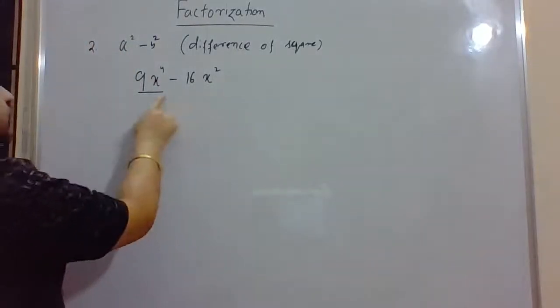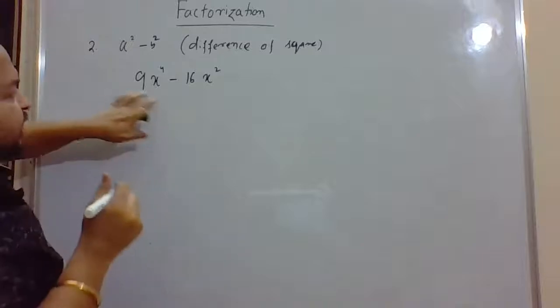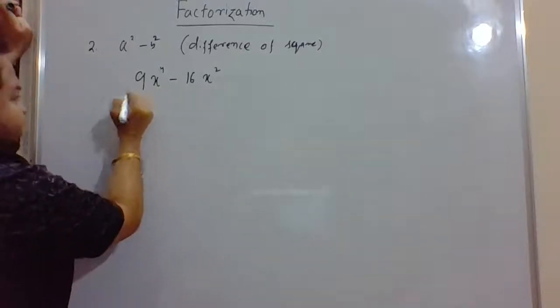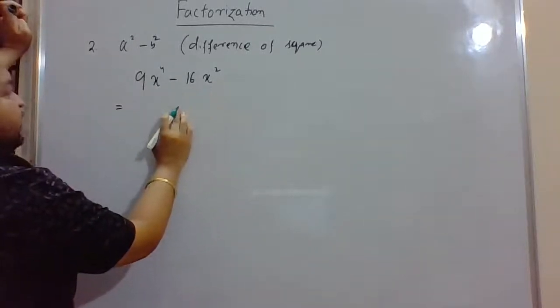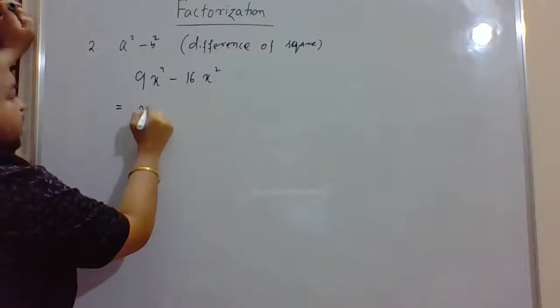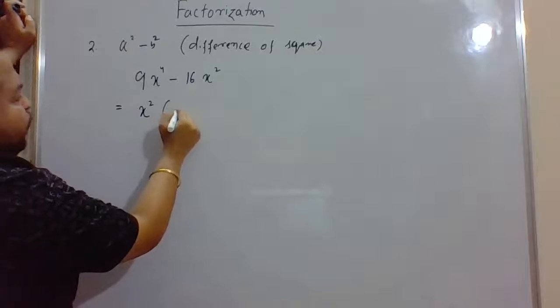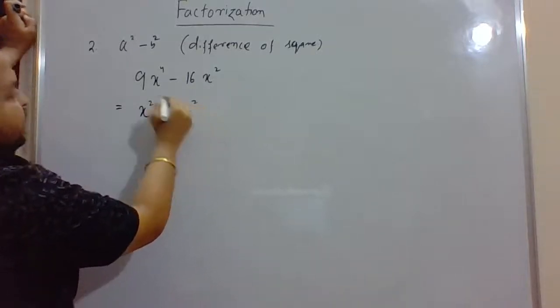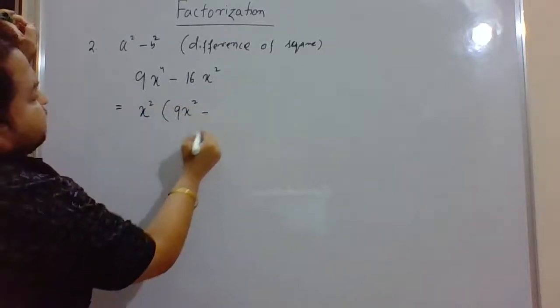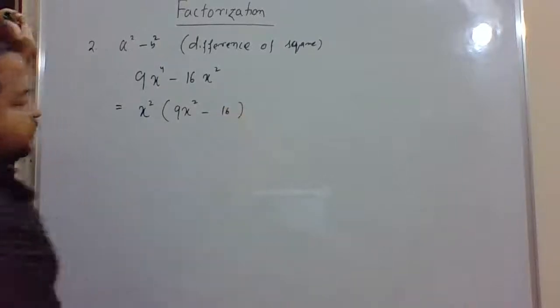Now here, what should I do? If there is a common factor, I'll first use that. So what is the common factor here? It's x squared. If I take x squared as common, it will be 9x squared minus 16, right?